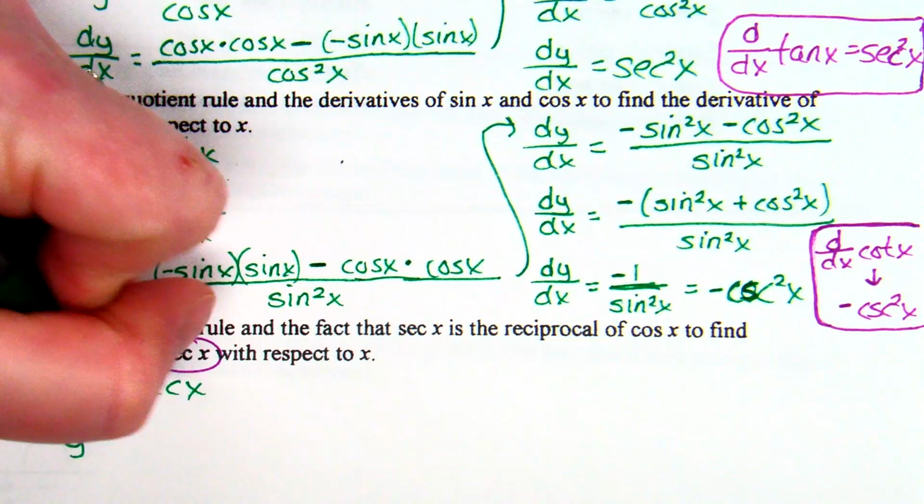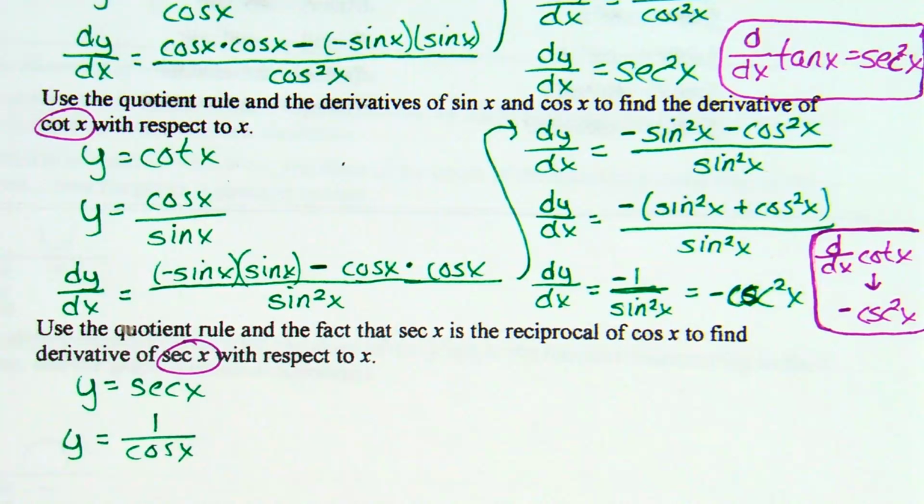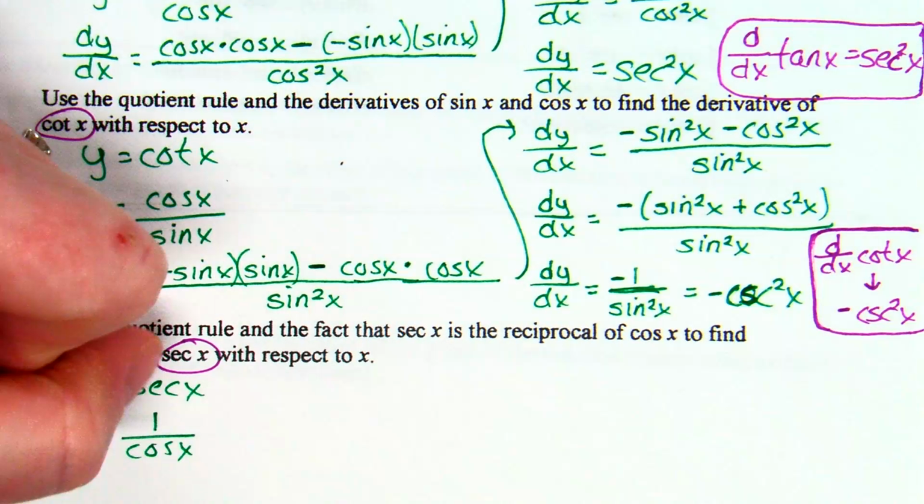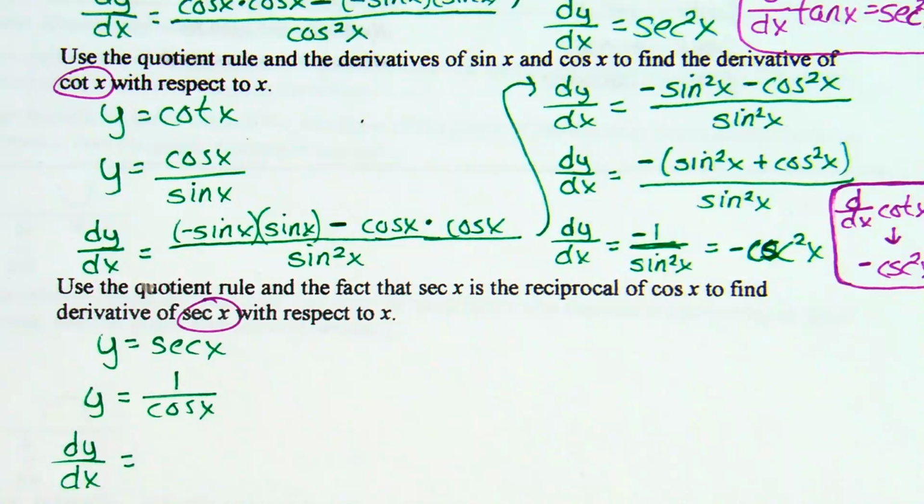Now what's the trick here? This is a fraction, so we have to use our quotient rule. You know you want lots of practice on the quotient rule today. dy dx, derivative of the top, so what's the derivative of 1? 0.